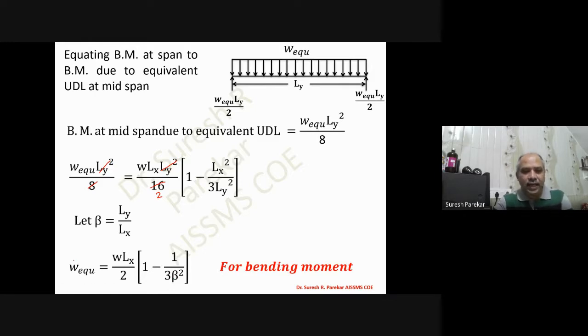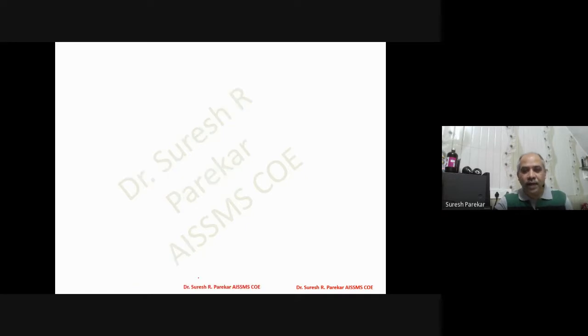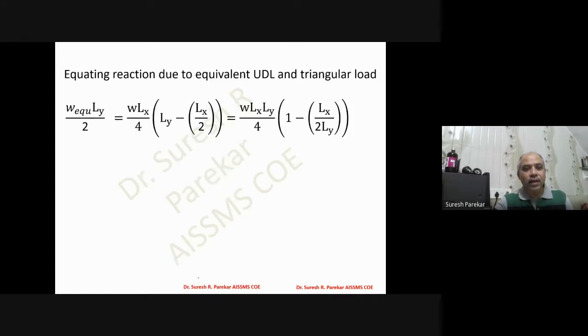These are again two important equations which we require when we go to transfer of load from slab to beam. This will be our equation for bending moment. Now, if we go to reaction, then we have W equivalent Ly by 2, because it is symmetrical, so half. The reaction we have seen is WLx by 4, Ly minus Lx by 2. Here also we take Ly common, and from this we get 1 minus Lx upon 2 Ly.